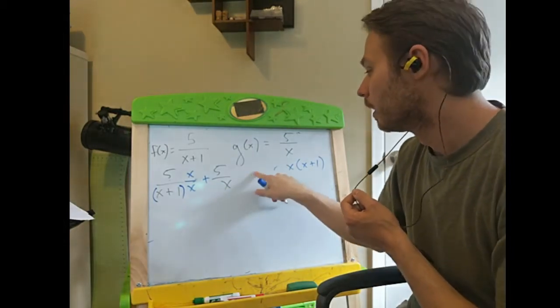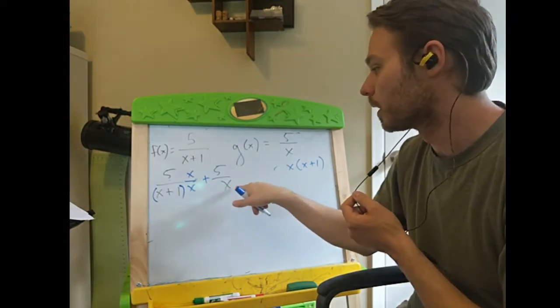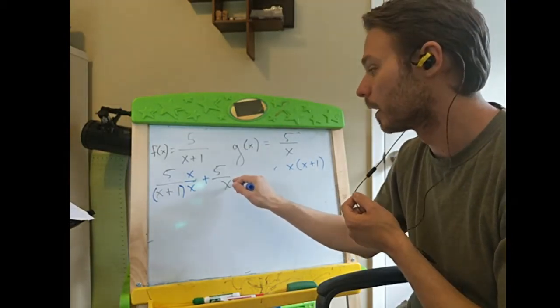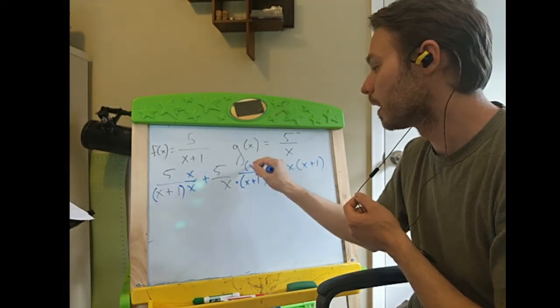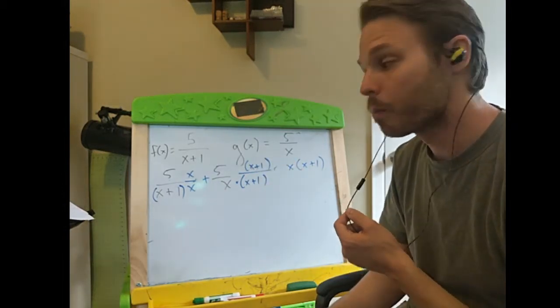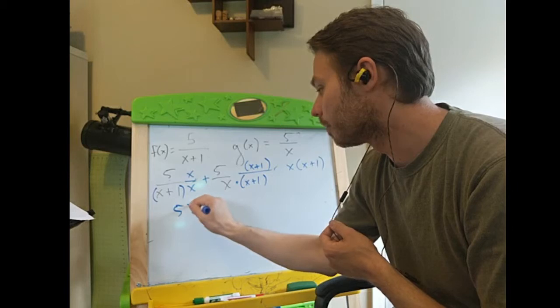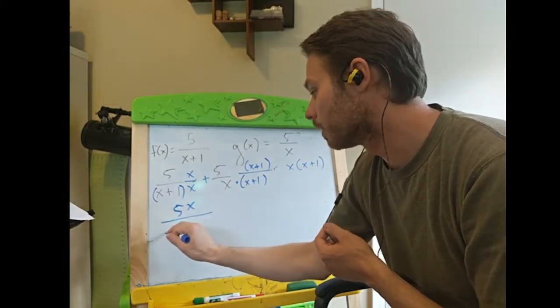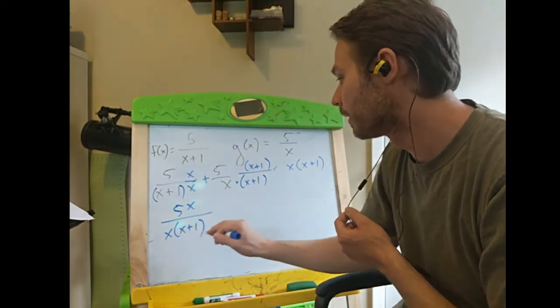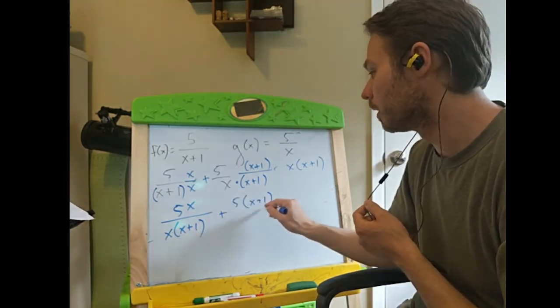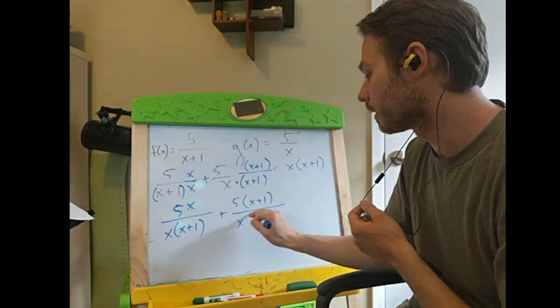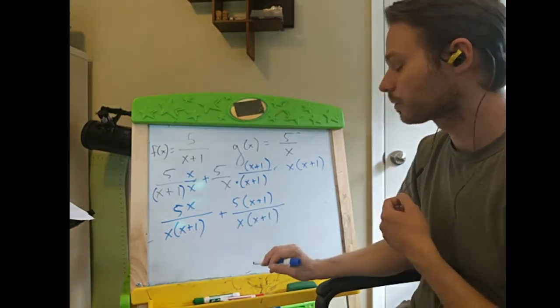Now I need to get x plus 1 times x in this denominator. Well, I can multiply this times x plus 1. But again, if I do it to the bottom, I also have to do it to the top. So this really is going to become 5x over x times x plus 1, plus 5 times x plus 1 over x times x plus 1.